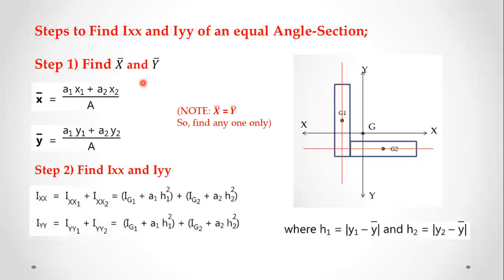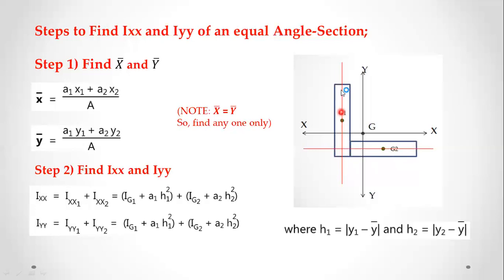Now, step number 2. Find Ixx and Iyy. Ixx is equal to Ixx1 plus Ixx2. That means the moment of inertia of the first rectangle about the x-axis plus the moment of inertia of the second rectangle about the x-axis. If you see this diagram, the centroid of the L section is somewhere here and this L section is made up of two rectangles. We call them rectangle 1 and rectangle 2.